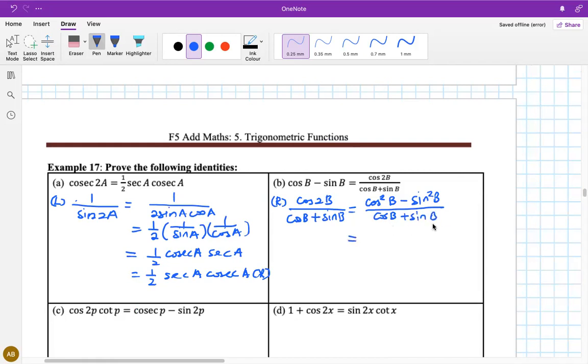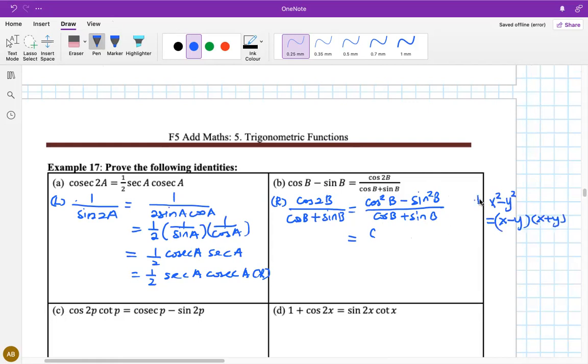So how to continue? So this one I will factorize into two brackets. I'm using this property, x squared minus y squared equals x minus y times x plus y.